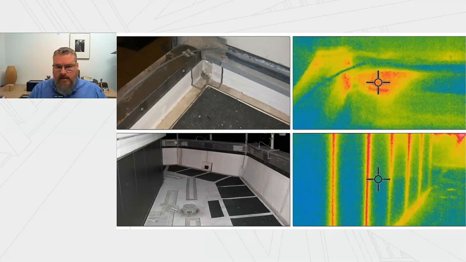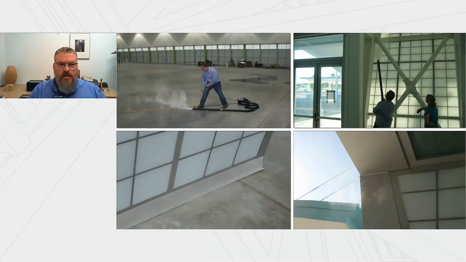If it was air leakage, those warm spots are going to go away. And if it was just due to a resistivity difference in different parts of that image, then that image will stay the same. That can help you narrow down whether it's an air leak or something else that's going on.